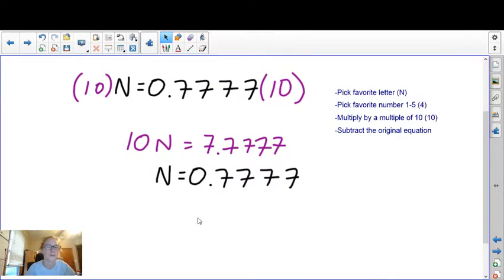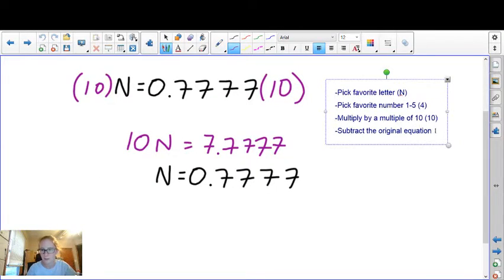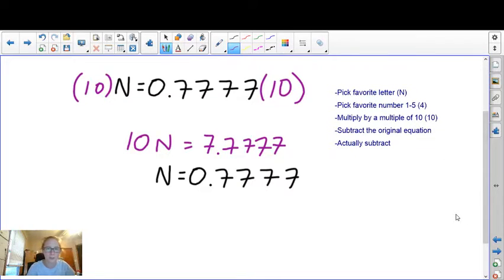I don't always write the same size. I'm going to take away 1 from each side. So my next step will be to actually subtract. I'm going to show my subtraction here with my purple color. And I'm going to actually do that subtraction.